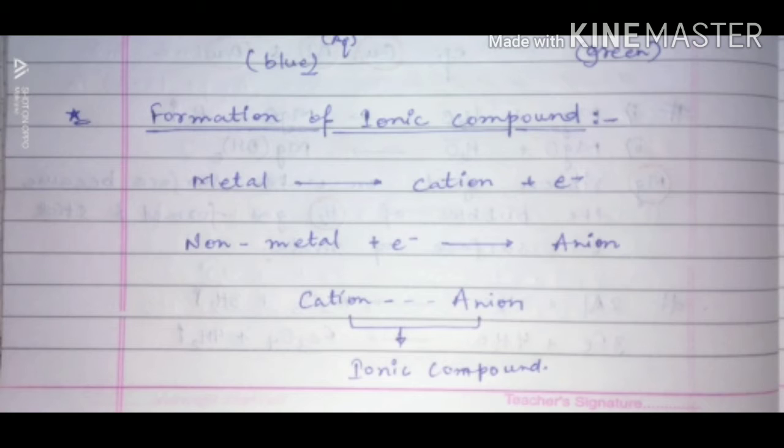So student, for your general knowledge, I want to tell you metals mostly form cations. How? When a metal releases electrons, it forms a cation.